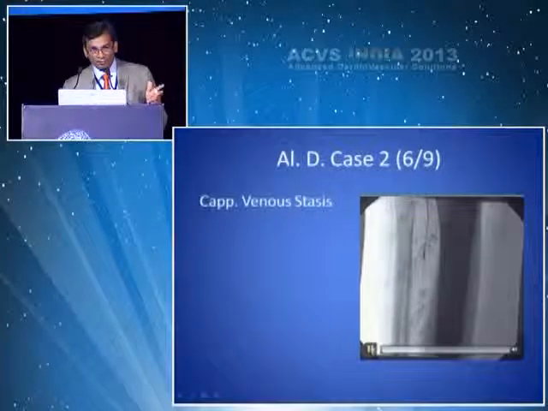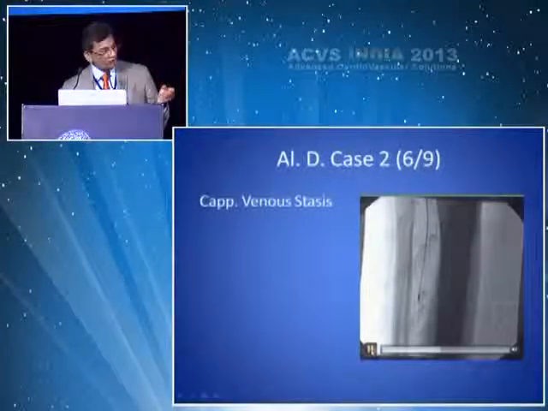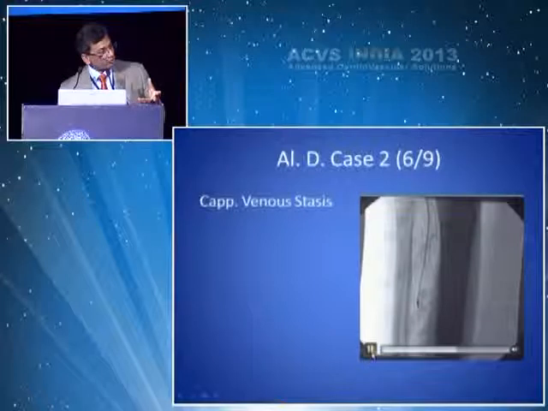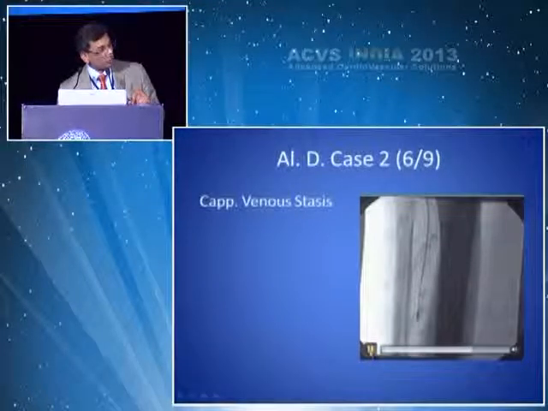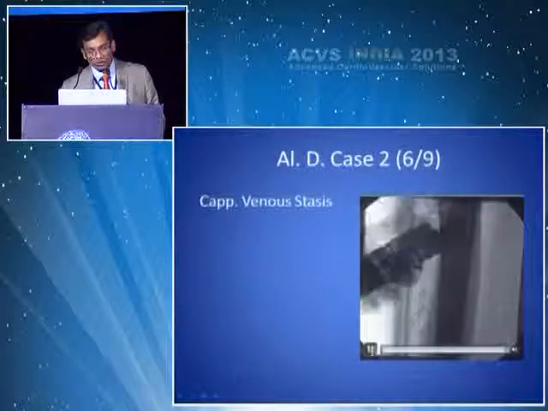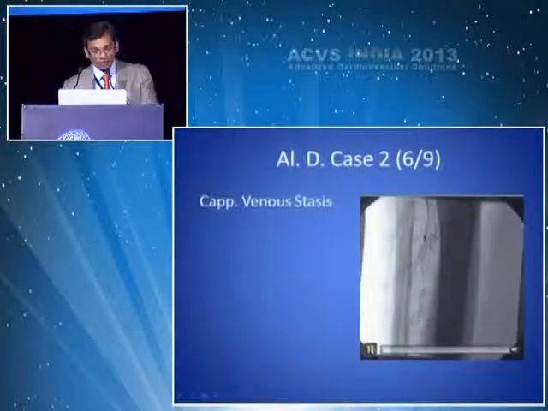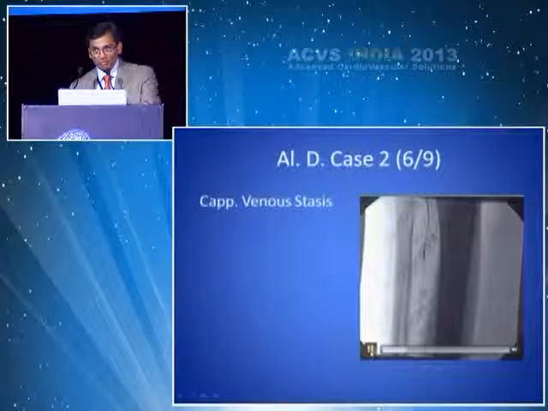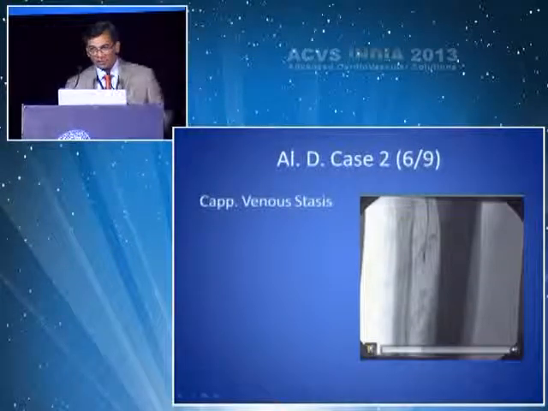We circumvent this by using end-diastolic compression treatments after arterial revascularization, and the restenosis rate is much less with that. I just wanted to show this case to demonstrate what I mean by the venous insufficiency in these patients.